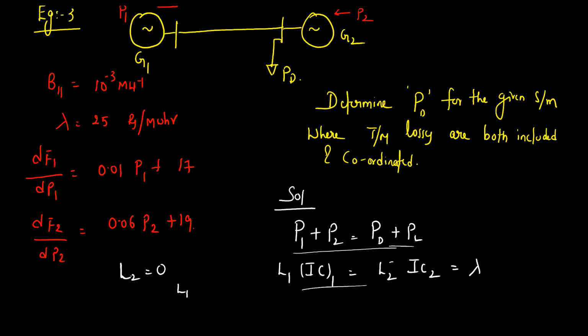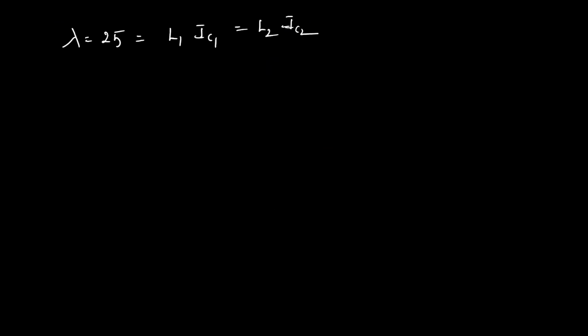And your L1 will become how much? 1 divided by 1 minus 2 B11 P1. So if you substitute those, the penalty factor of the first generator is 1 divided by 1 minus 2 into 10 power minus 3 into P1, multiplied by the incremental cost, which is 0.01 P1 plus 17.